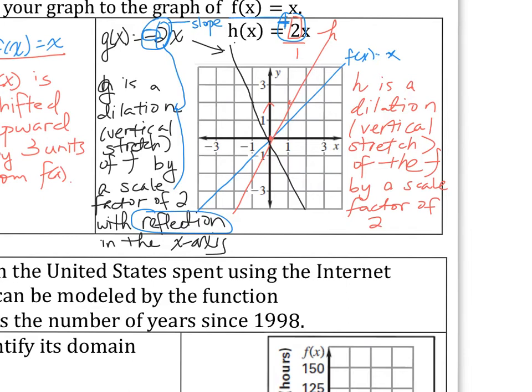But if we separate the parts, it means different things. So the 2 alone here tells you the dilation. Okay, and the signs tell you, positive, then we don't have to worry about any reflection. When it's negative, it's going to be reflected about the x-axis.